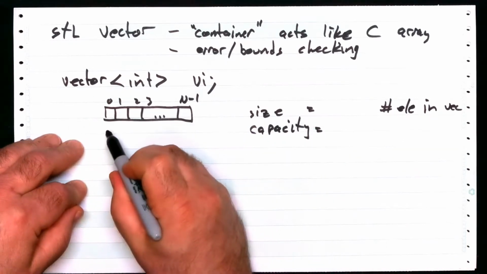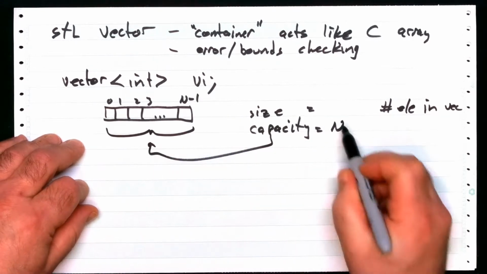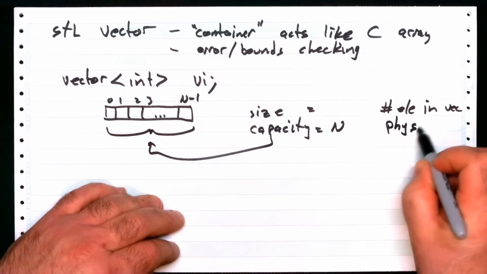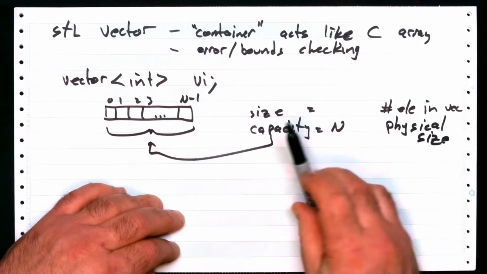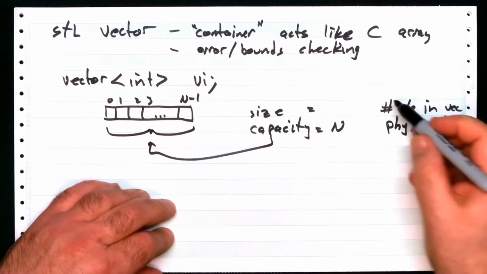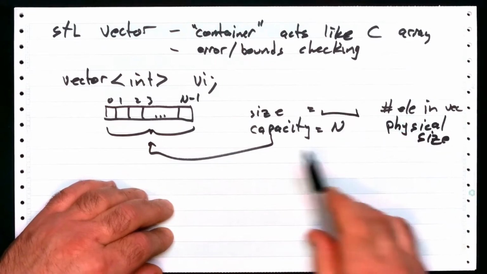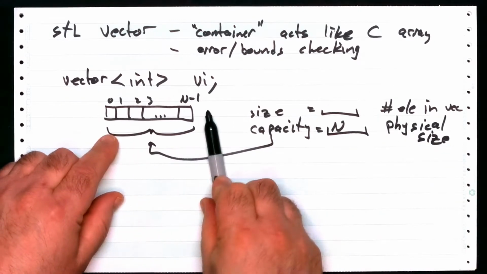Capacity is the physical size. That's this. It's the n in this case, right? So this is the physical size. And the size is the logical size, right? How many elements are inside of it versus how many could it totally hold before we run off the end. That's what these two things are.